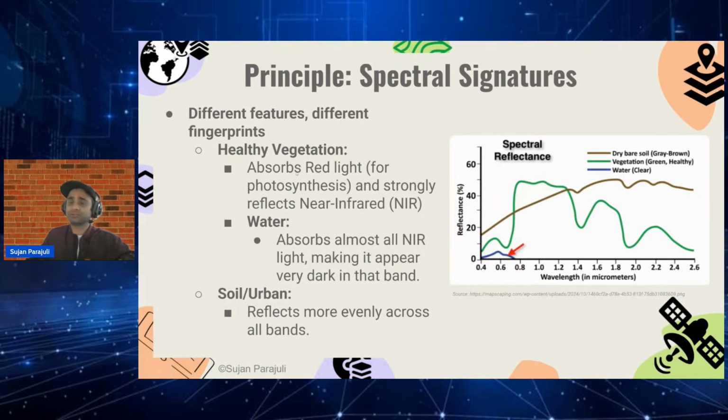The basic principle is that healthy vegetation absorbs red light and reflects near infrared light. Based on that we create a vegetation index, called the normalized difference vegetation index, NDVI, which is used to detect vegetation health.